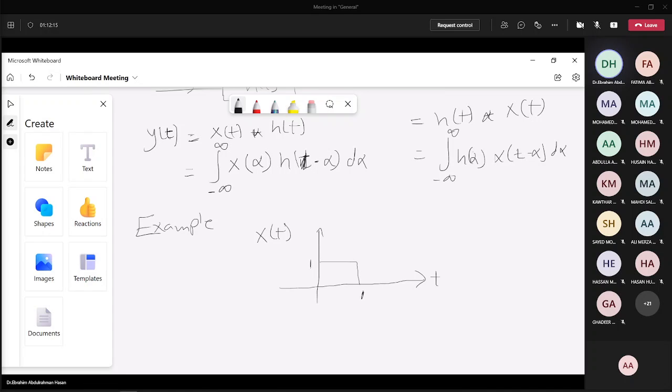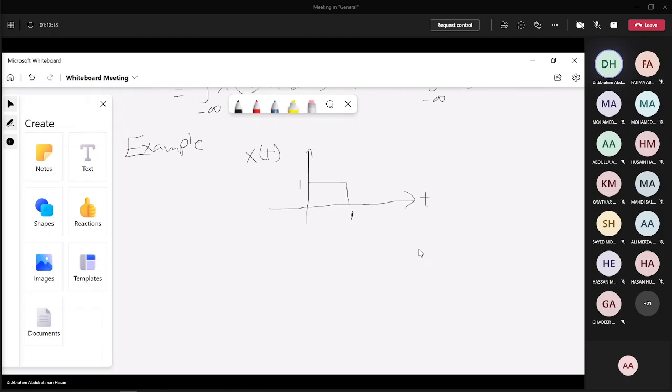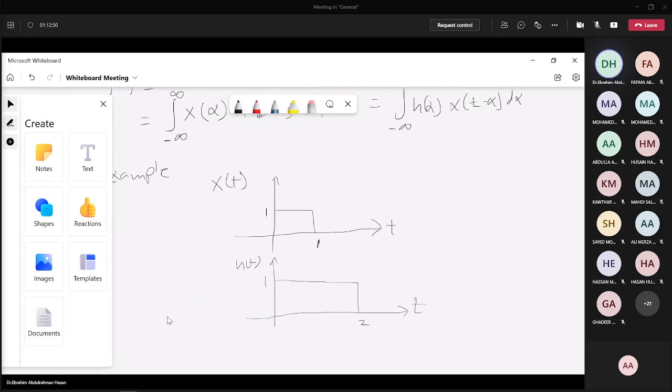And h of t is 2, and here 1. Okay, how to apply the formula? So we want to find y of t.